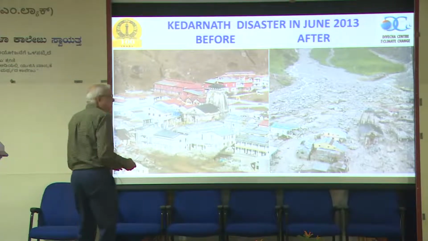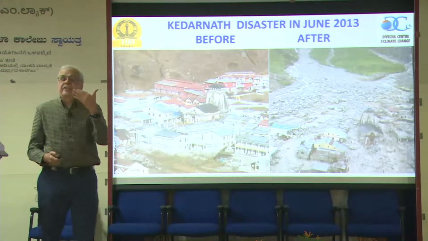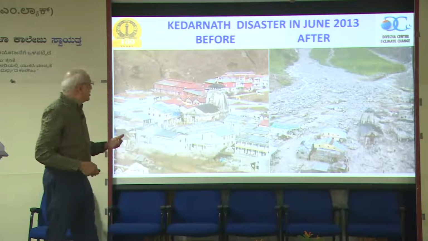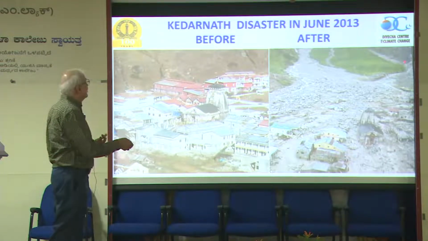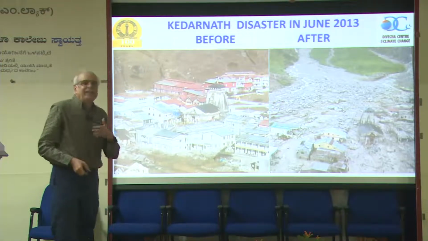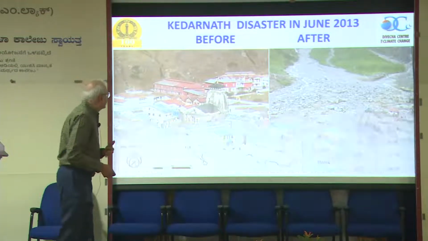There was also heavy rainfall, so the river was already at a very high stage, and this additional water created high rock. It changed the river Mandakini, which was going this side; it changed its stream and went to this side, completely destroying the Kedarnath side.